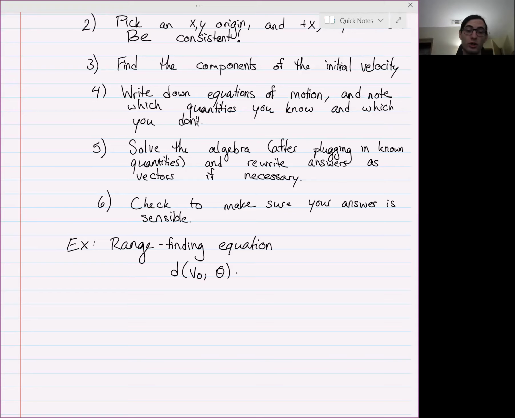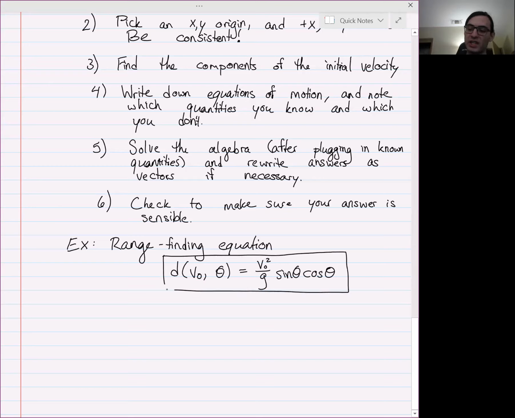How far does it travel before it hits the ground? And the formula works out to be v0 squared over g times sine theta cosine theta. And I will derive this at the end of lecture if people want to see. It turns out, by the way, that this agrees with your intuition. The best angle to get the most distance is when theta is 45 degrees. So it's a good check.